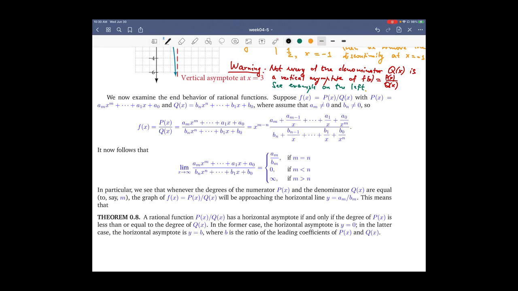In particular, in these first two cases, we have a horizontal asymptote.